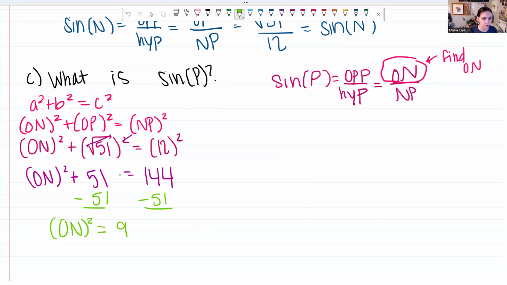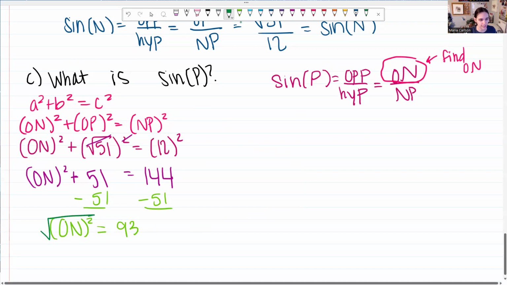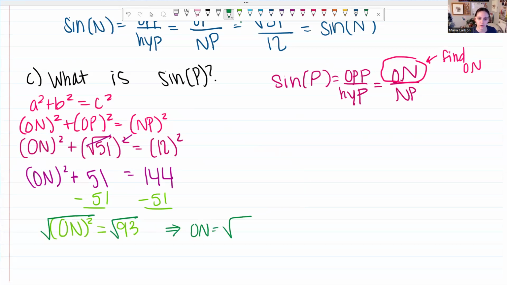All right, we are almost done. If I need just ON, not ON squared, let's take the square root to get it to cancel. So ON is equal to the square root of 93, which let's see if that can break down at all.